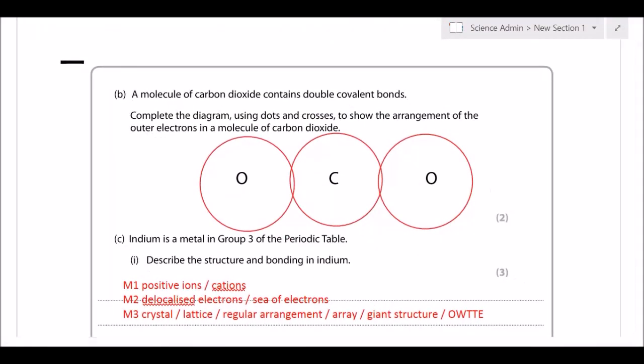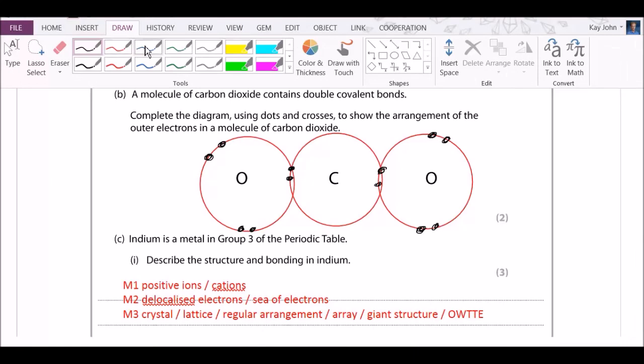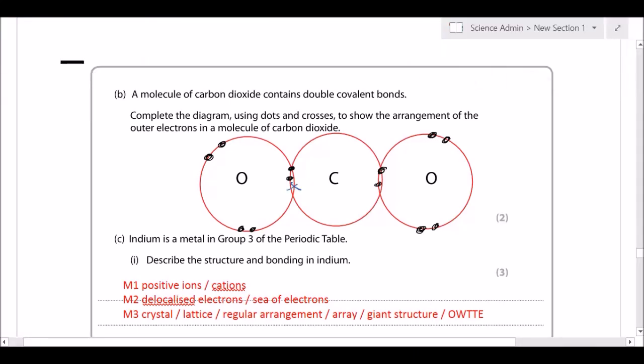Moving on, your oxygen has 1, 2, 3, 4, 5, 6 electrons. This oxygen also has 6. 1, 2, 3, 4, 5, 6, and our carbon has 4 electrons. 1, 2, 3, 4.